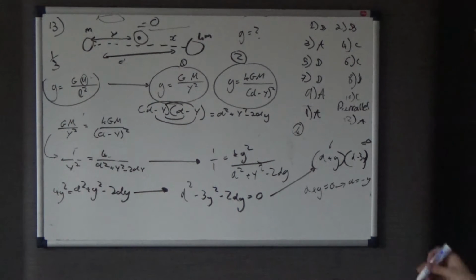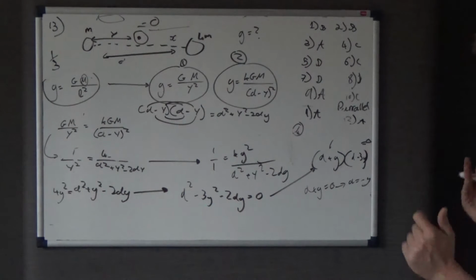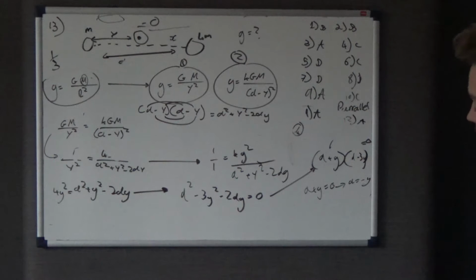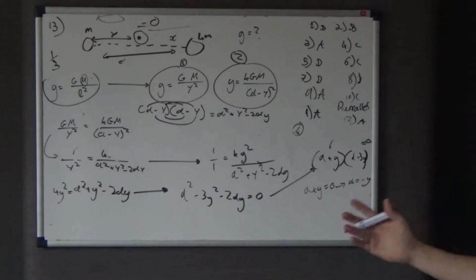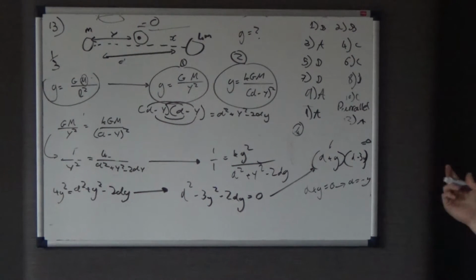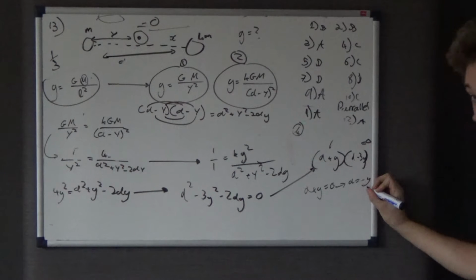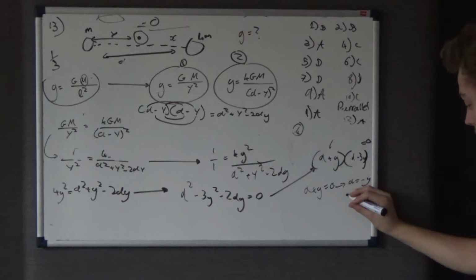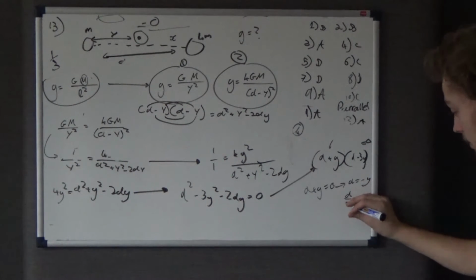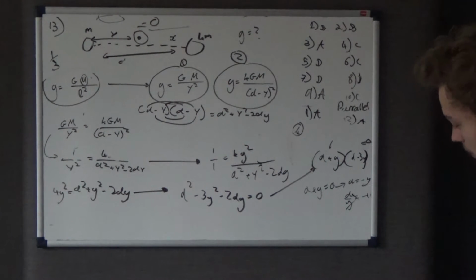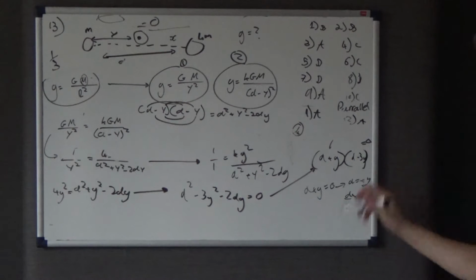If d was equal to minus y, they're going to be the same, so y would have to be minus a number, and you can't have a minus distance. So that can't work. In my model answers, he divides both sides by minus y, so d over y is equal to minus 1, which you can't have. You could just say you can't have a minus distance, so that can't be right.